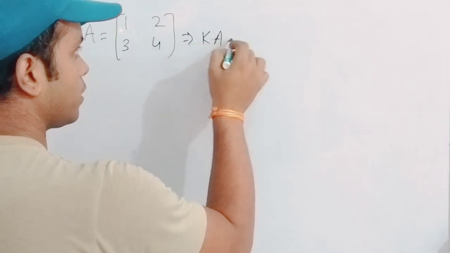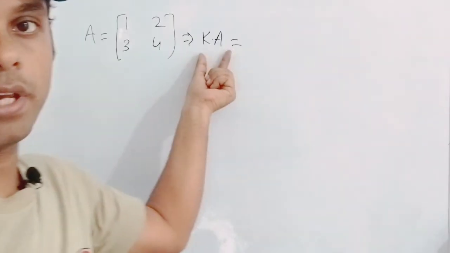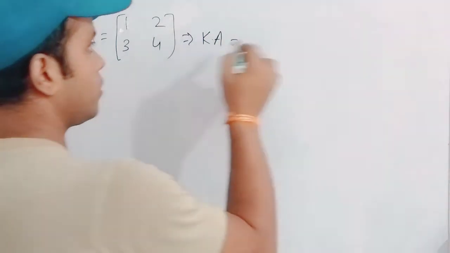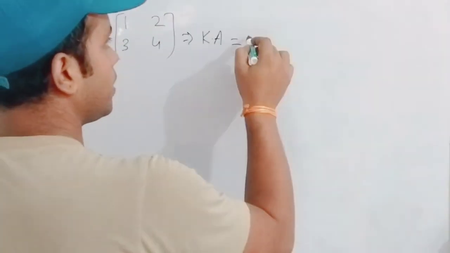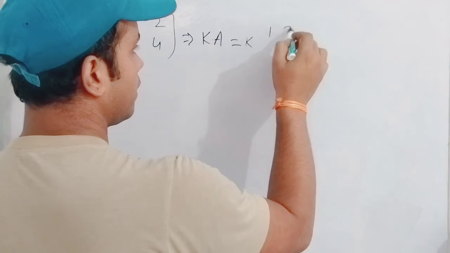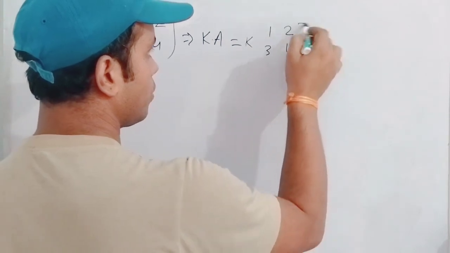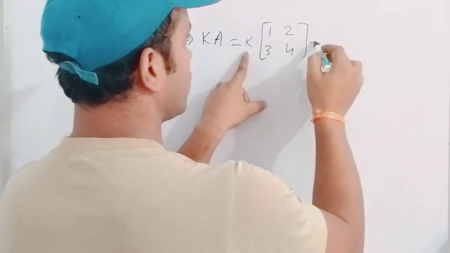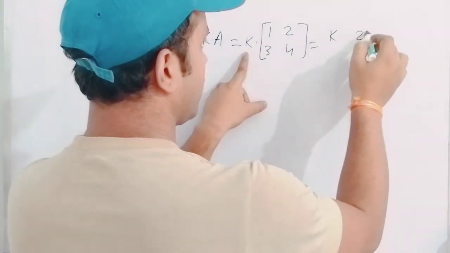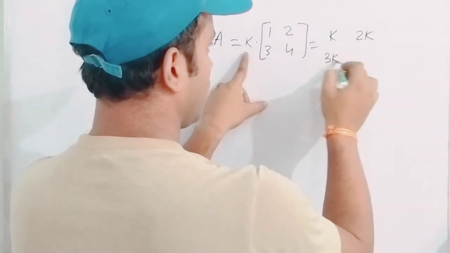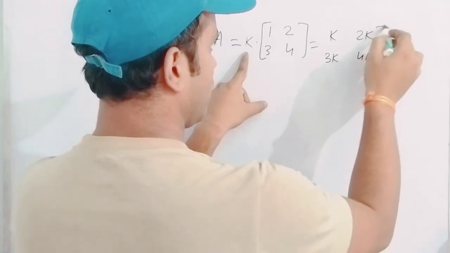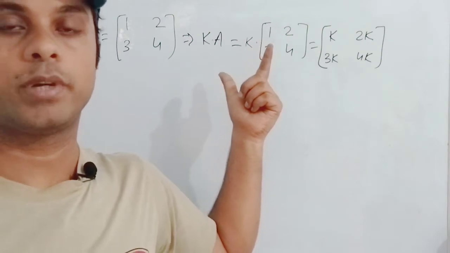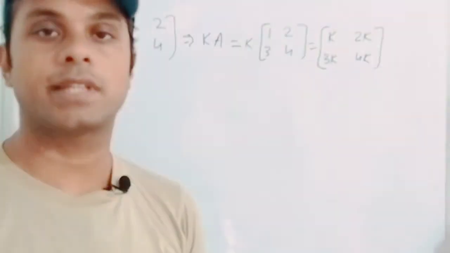Suppose if I ask you to find out k into A, where k is any constant. So how to do? Just multiply all the elements with k. 1, 2, 3, 4. So multiply all the elements with this constant. You obtain k, 2k, 3k, 4k. So this is the way to multiply a matrix with a scalar.